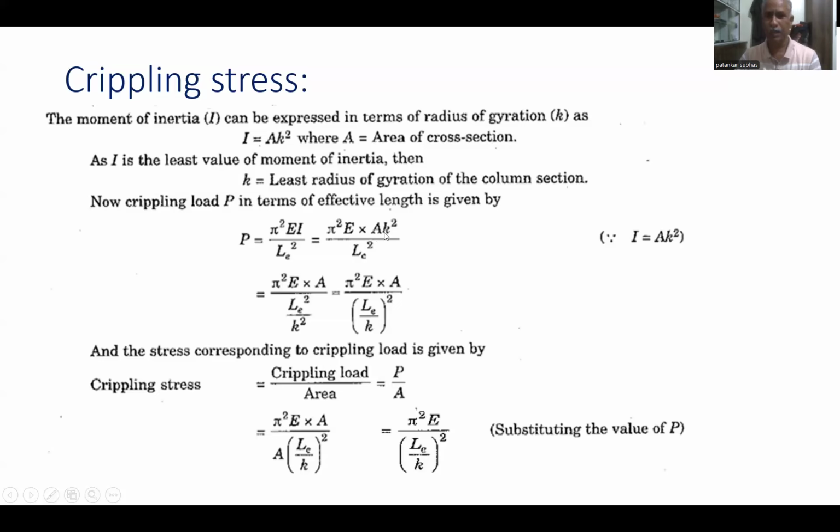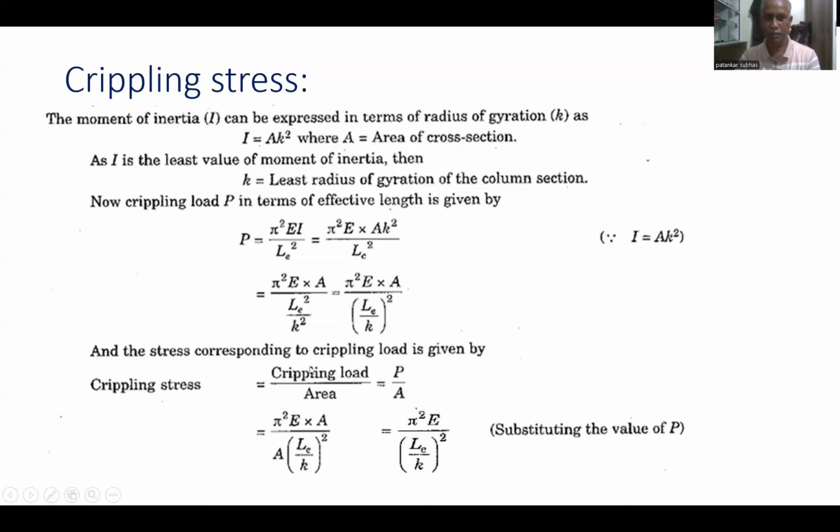Again we know that K square we take in the denominator. So Le square divided by K square, and again pi square E into A, then Le by K whole square, because this is Le square divided by K square. So Le by K, what is Le by K? Le by K is the slenderness ratio.